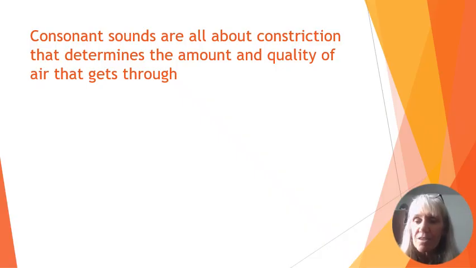So consonant sounds involve a different area, a different type of mouth movement, and a different process of using the vocal cords than the vowel sounds do. Consonant sounds are all about constriction, how much the airway is constricted. And this will determine the amount and quality of air that can get through to help us make those sounds.